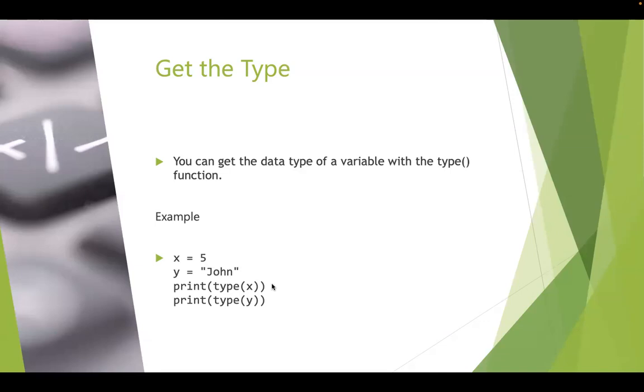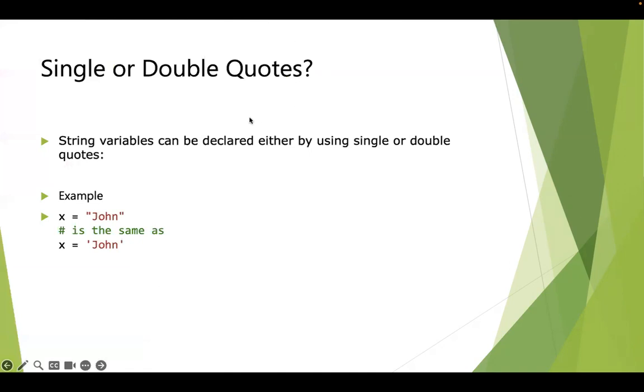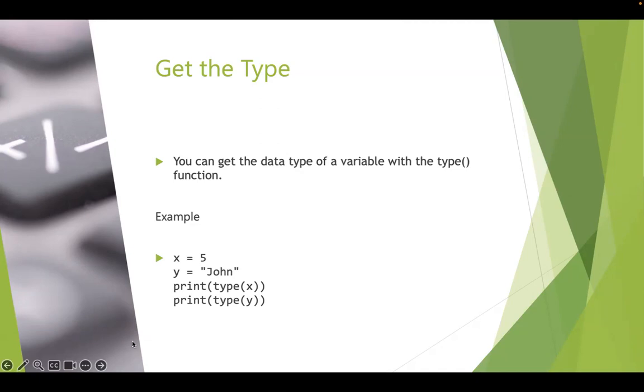And if I say print type Y, it's going to give me the result. What is Y? Look at what Y is, the one we had before. Is it an integer?